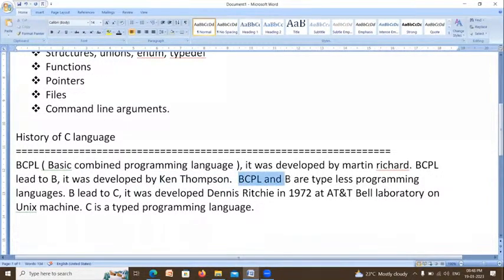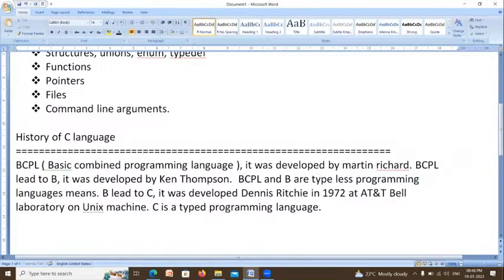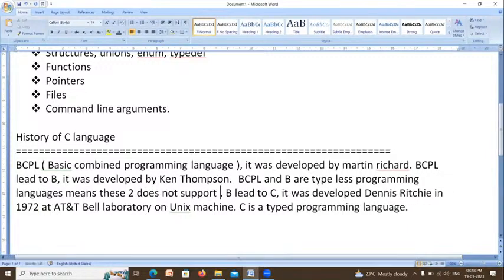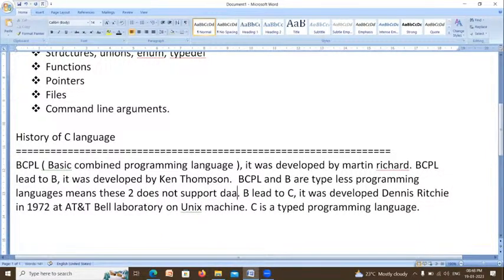Now BCPL and B, these two languages are called typeless programming languages, which means they do not support data types.